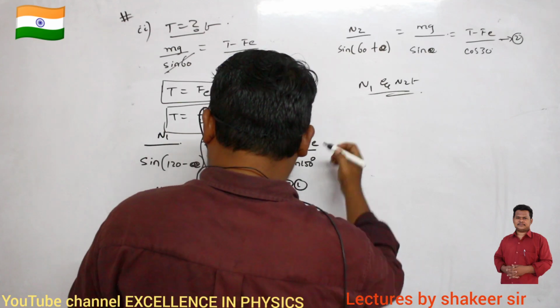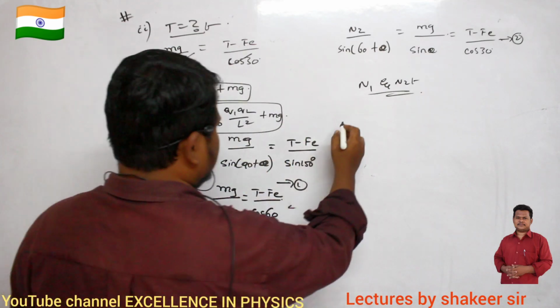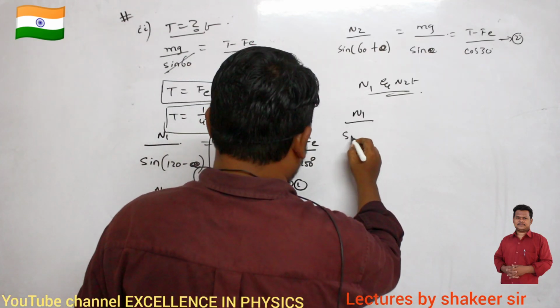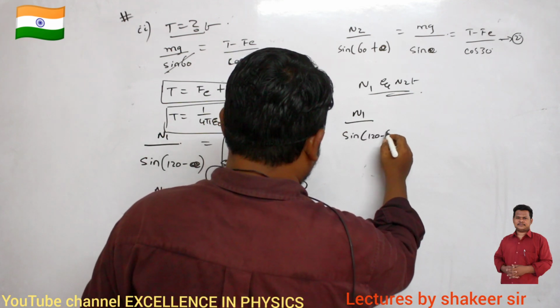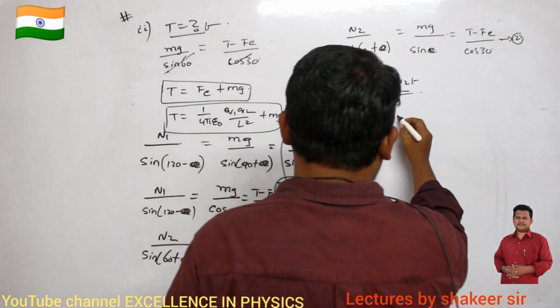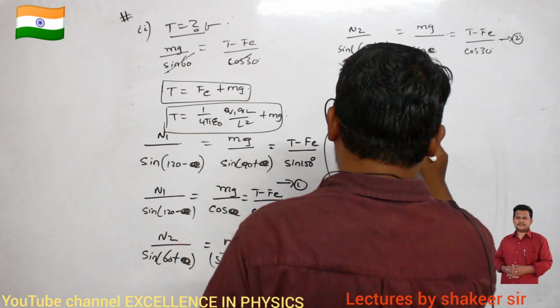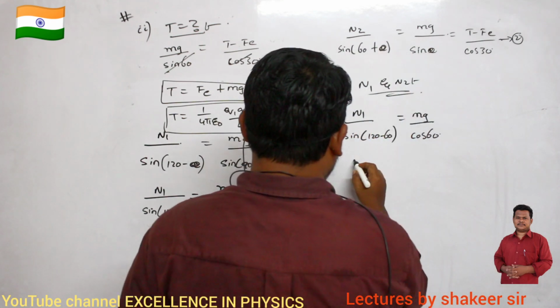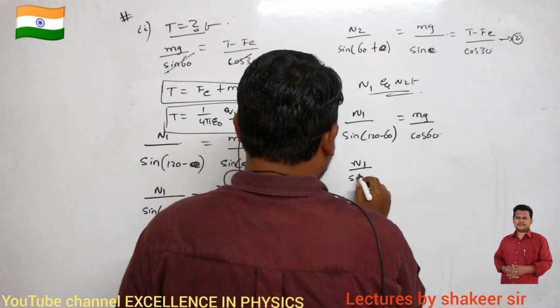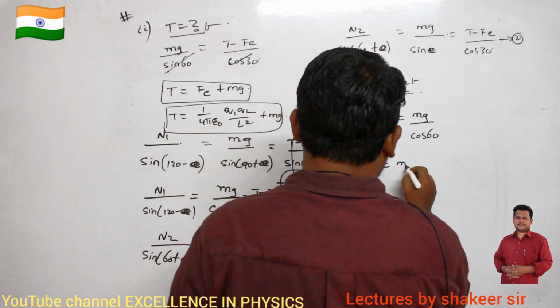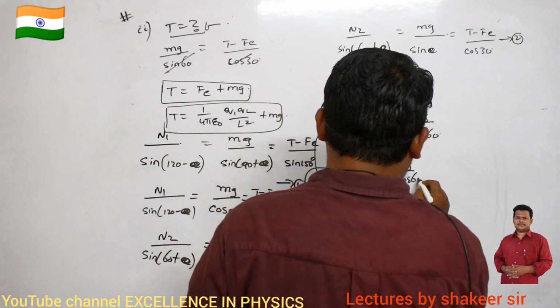So N1 divided by sin(120 minus alpha), where alpha is 60, is equal to mg divided by cos 60. That's all, no? So N1 divided by sin 60 is equal to mg divided by cos 60.